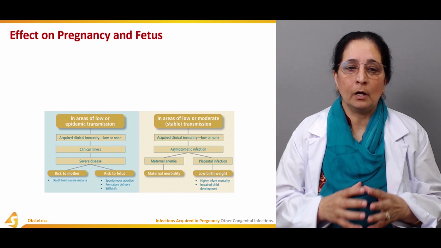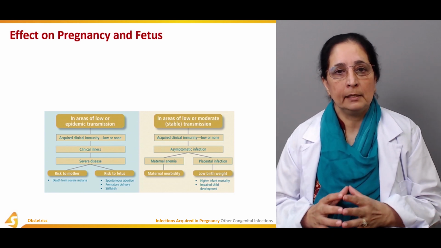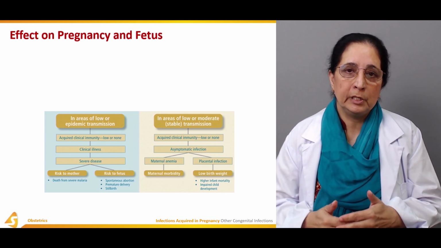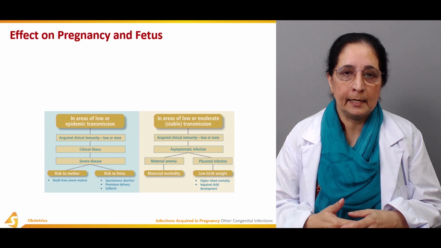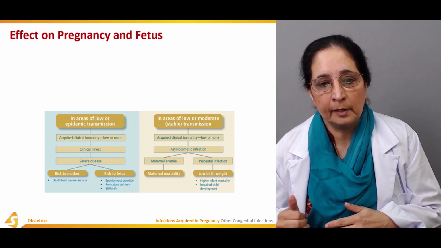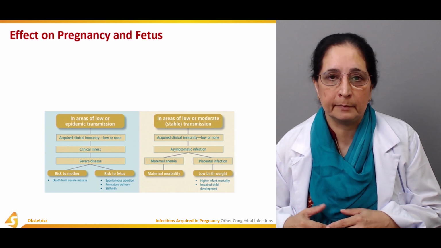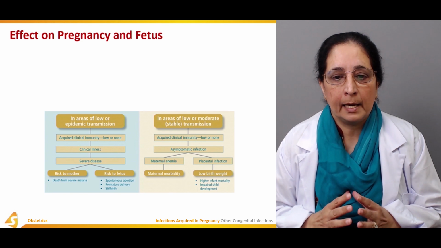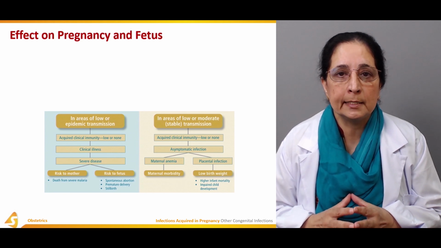So depending on the area, if it's an area of low or epidemic transmission, usually patients have clinical illness and it can cause severe disease, but in conditions where there is stable transmission, usually the condition is less severe and it can be asymptomatic.